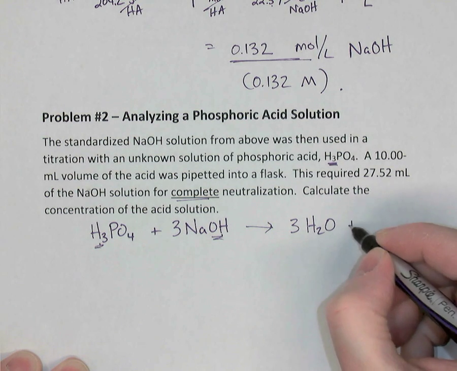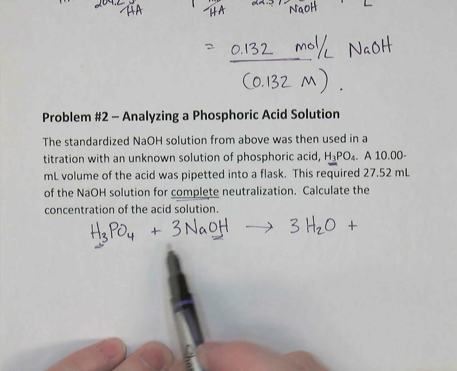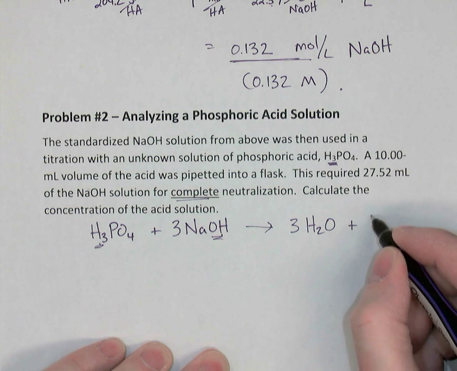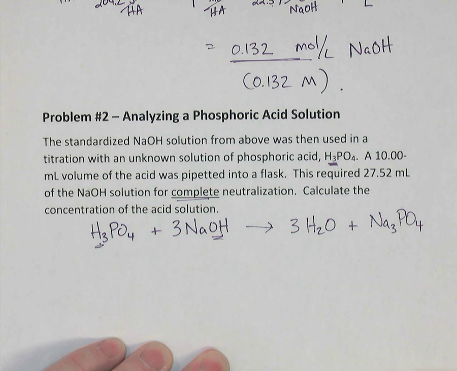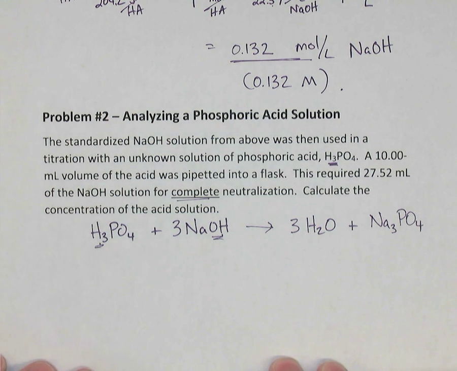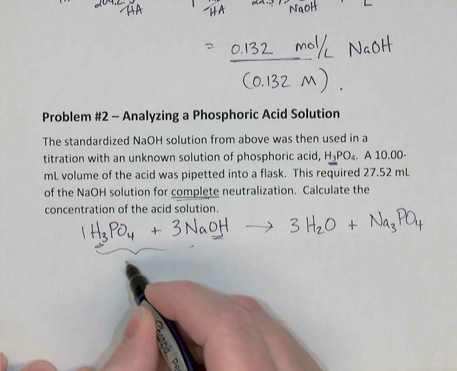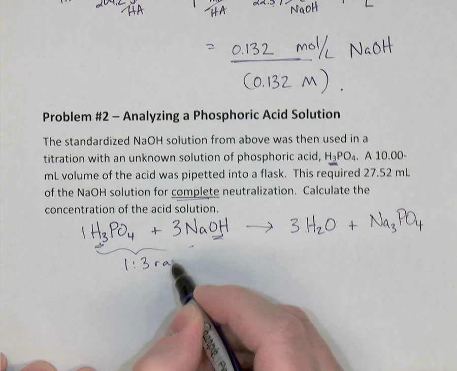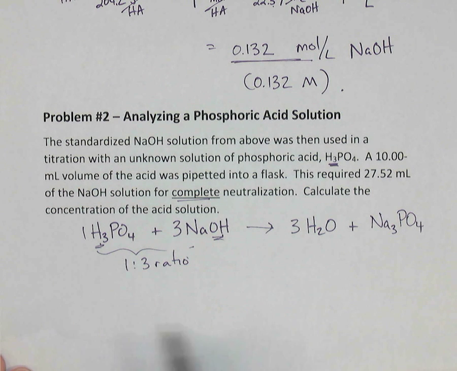And now whatever's left is the formula of the salt that I'm going to produce. So 3 sodiums and 1 phosphate gives me Na3PO4. Right? So there's the complete neutralization reaction. And we can see there that the ratio is not a 1-to-1, it's a 1-to-3 ratio, the way I've written it here. Alright, so let's jump in and begin the unit multipliers.